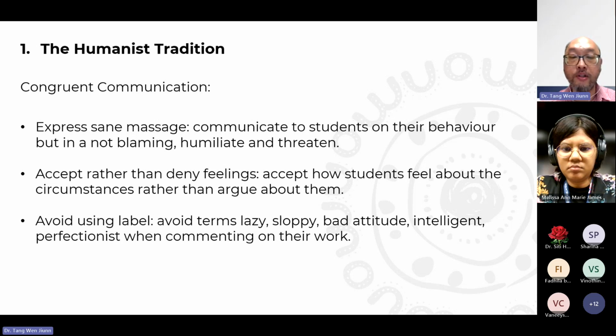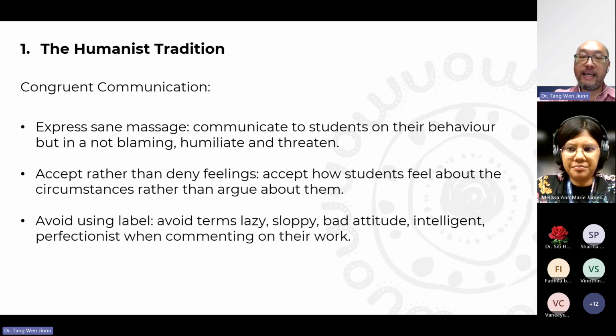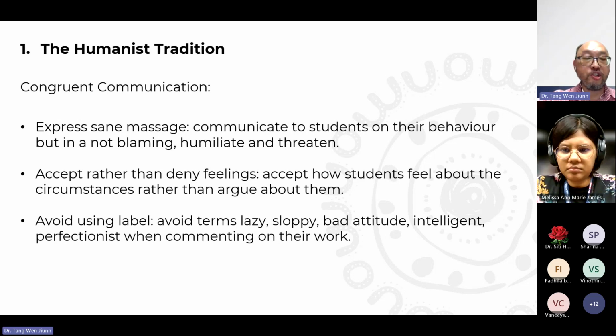And then when we are talking to the class, try to avoid negative terms like, no, your work is sloppy, you are lazy, or, this student A is intelligent, these kinds of labels. We try to avoid all these labels because they can be very discouraging.